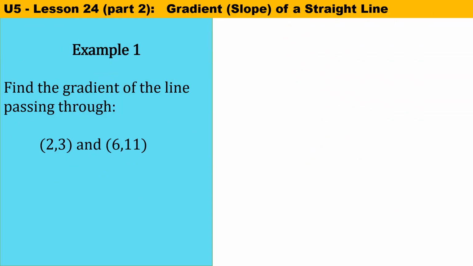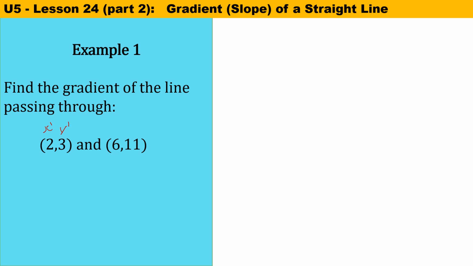So here's our first example. It says find the gradient of the line passing through 2, 3, and 6, 11. The first thing that you want to do is to label your points. So for our first coordinates, we have x1, y1.